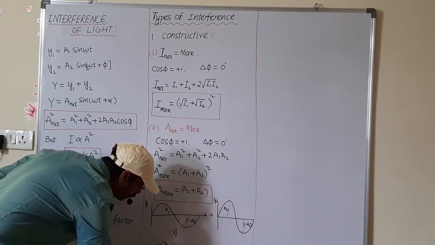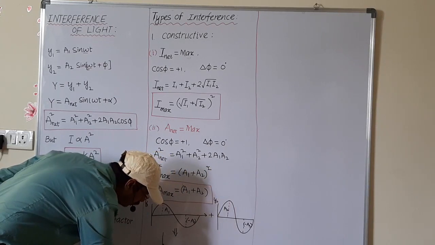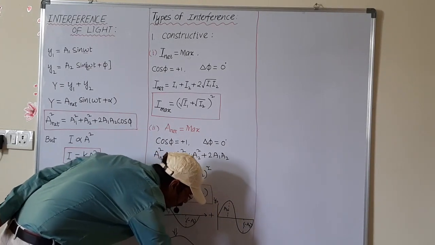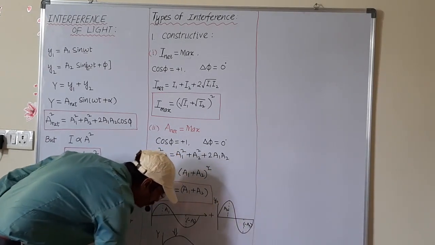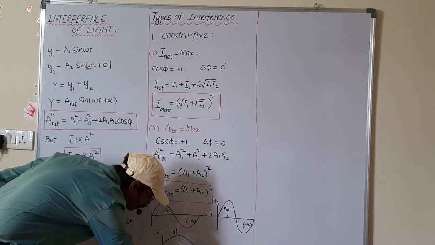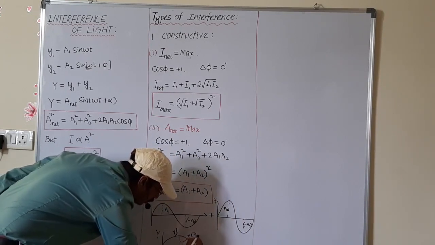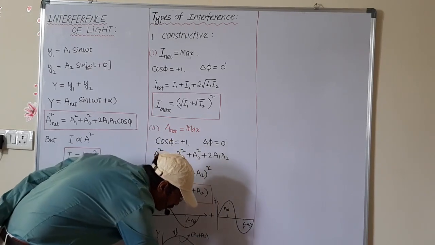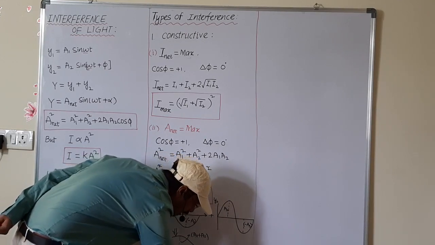After this we will get one equation, that is y. The y value I am writing like that. So after superposition, this amplitude is a1 plus a2, and this amplitude we can write as minus a1 plus a2.